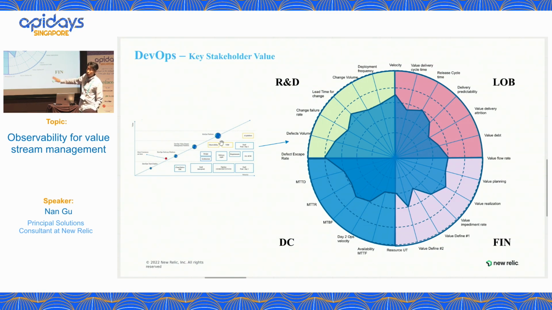That is a team beyond IT. Why can you talk to the finance team? Because the finance team only cares about numbers, right? They don't care about your automation or how many features you have delivered. The CIO only asks one thing: how much money you need, how much money you earn, right?